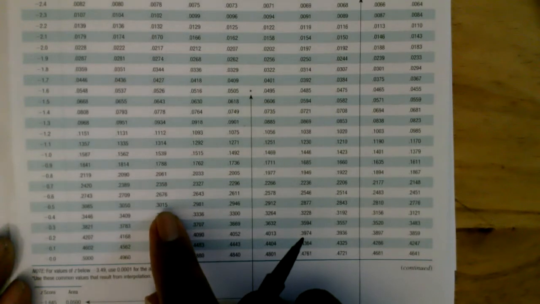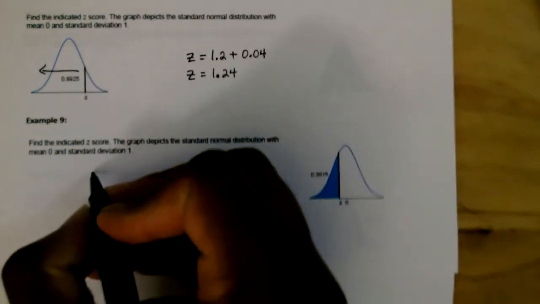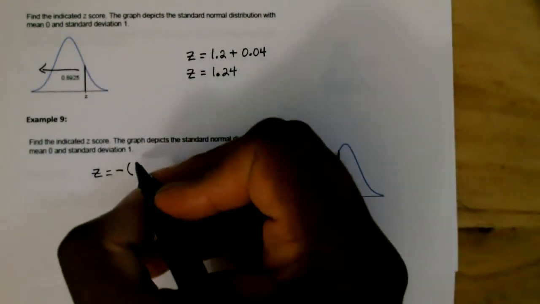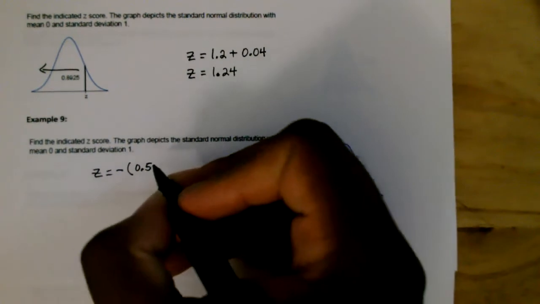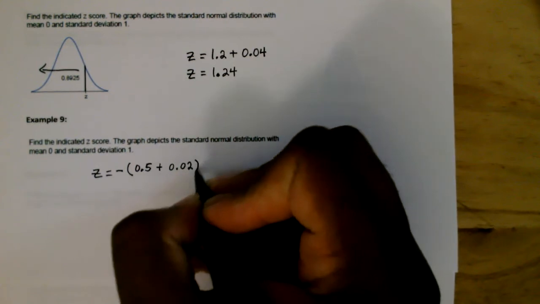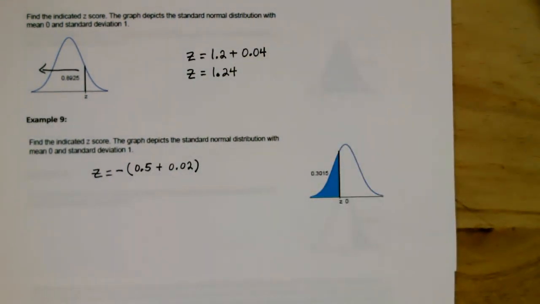And here it is, 0.3015. And we need to read from the left and from the top. To the left of that is negative 0.5. The column that 0.3015 is in is going to be 0.02. So our z is this. I'm going to put a negative in front, and that was negative 0.5, plus 0.02, because that's the column that 0.3015 was in.